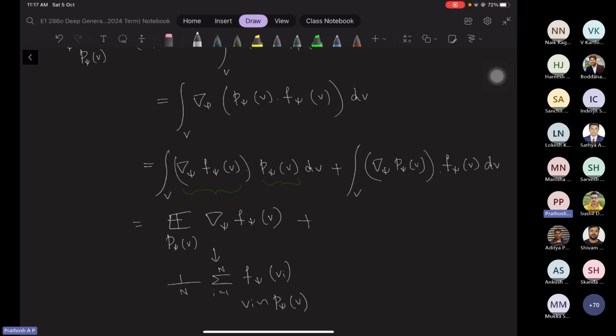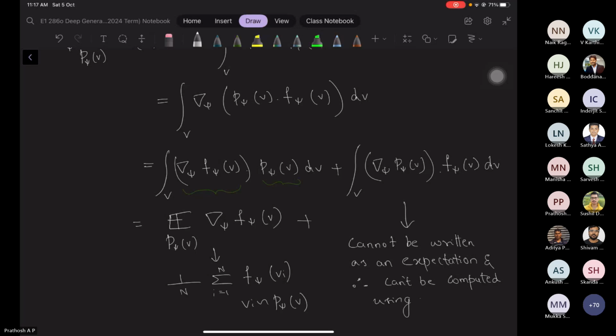We know how to approximate expectations, but this cannot be written as an expectation, and therefore can't be computed. Do you see this? This is the problem.